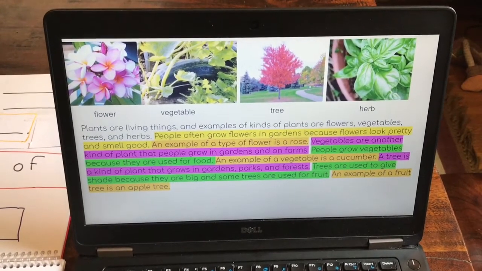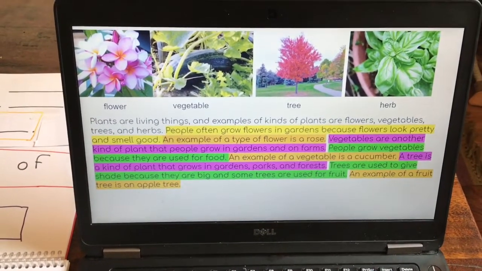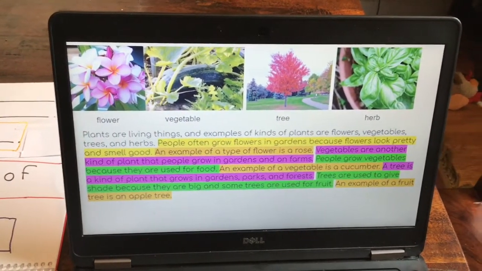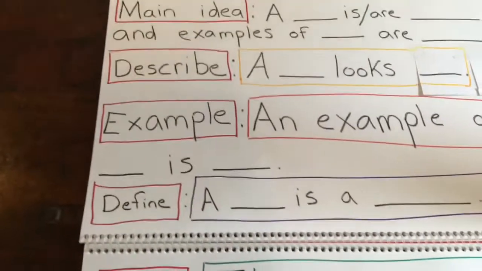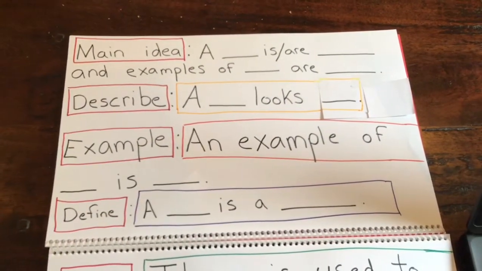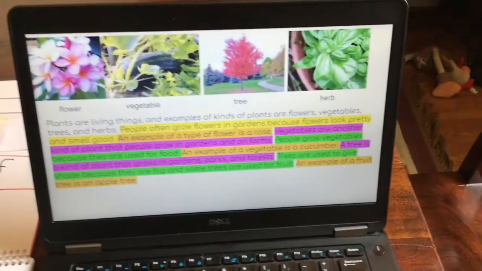Okay, an example of a fruit tree is an apple. And here I used example, which is an elaboration technique. An example of a fruit tree is an apple tree. I used our sentence frame exactly.